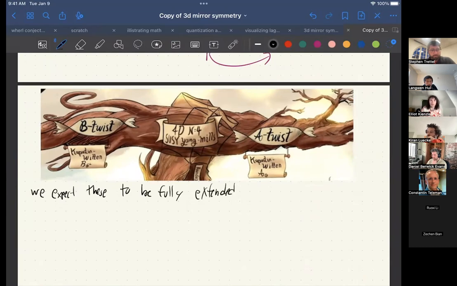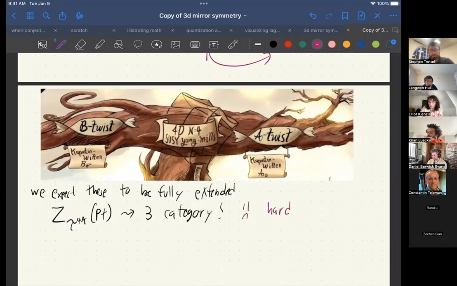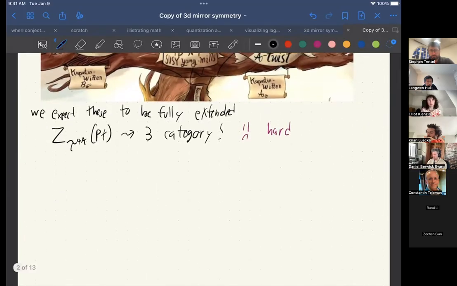Which means that we don't have to feed it a manifold of the same full dimension that the quantum field theory is considering. That's what the Z means, what I'm feeding into this quantum field theory. We can feed it a point to get a category. Except we don't know how to do this yet. This is hard. So we're going to try to dimensionally reduce in some ways. And the best way I know to dimensionally reduce something is to take boundary theories.